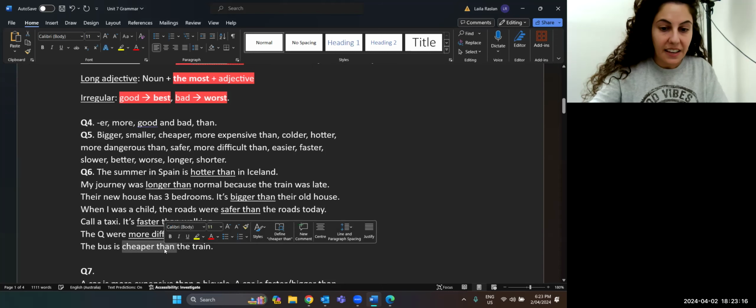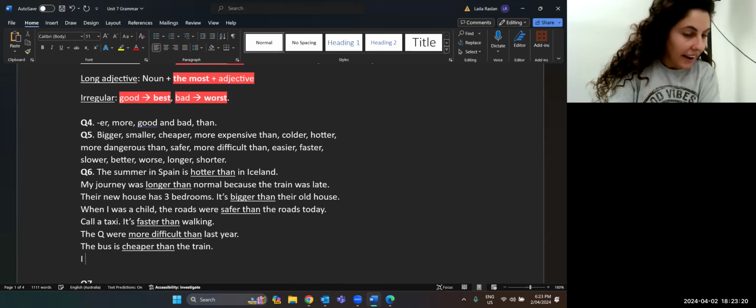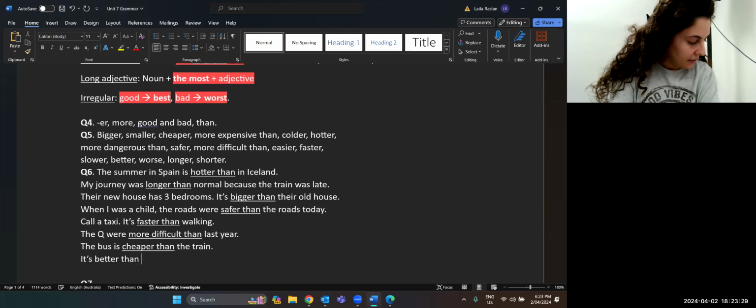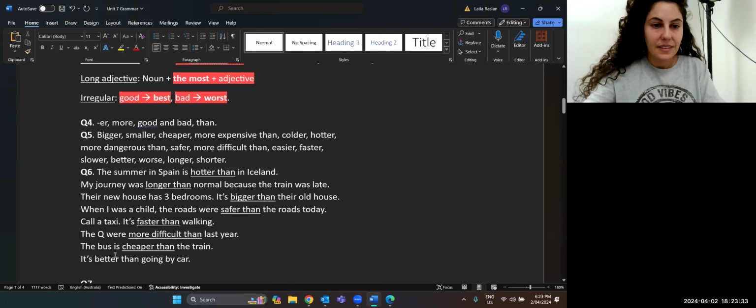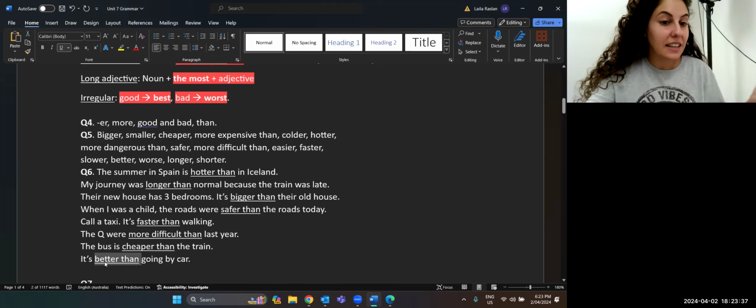So cheaper than, it's a short adjective, the train. I go to work by bus. It's better than going by car. So better than. That means it comes from the adjective good.